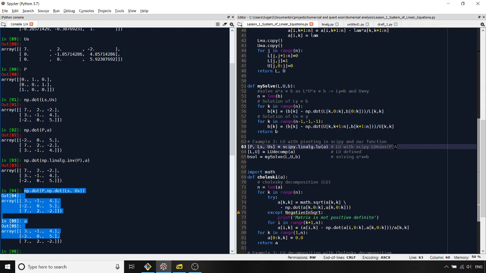Pivoting is handled differently in different books, so I didn't notice it correctly. So pivoting will be like this: P times LU, then A. So that's how it's done.